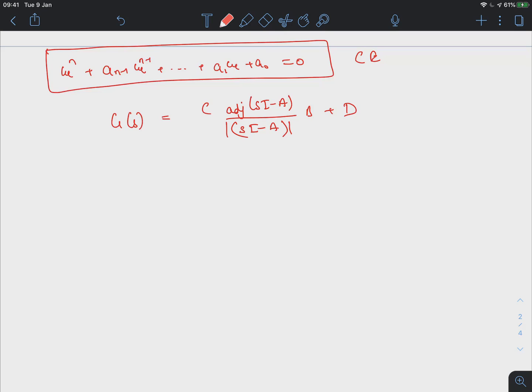So this becomes the denominator polynomial. Now if I put it equal to 0, which is mod sI minus A equal to 0, then it becomes the characteristic equation. Okay, and by putting this mod I simply mean to compute the determinant. You can also express this as determinant of (sI minus A) equal to 0.